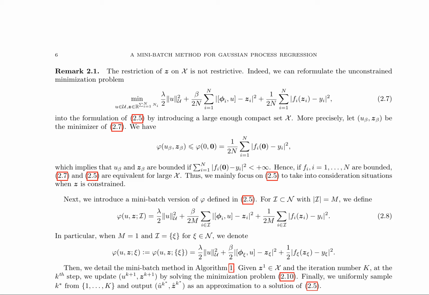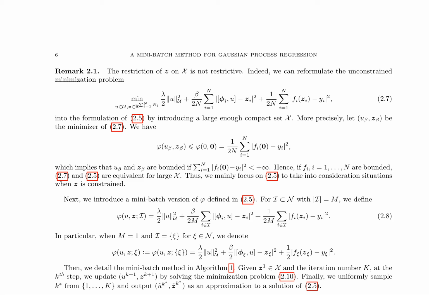This is achieved through algorithm 1, where the kth step updates (u_{k+1}, z_{k+1}) by solving the minimization problem in equation 2.10 with a randomly chosen subset I_k of size m. The final approximation, (u_{k*}, z_{k*}), is obtained by uniformly sampling k* from 1 to K.